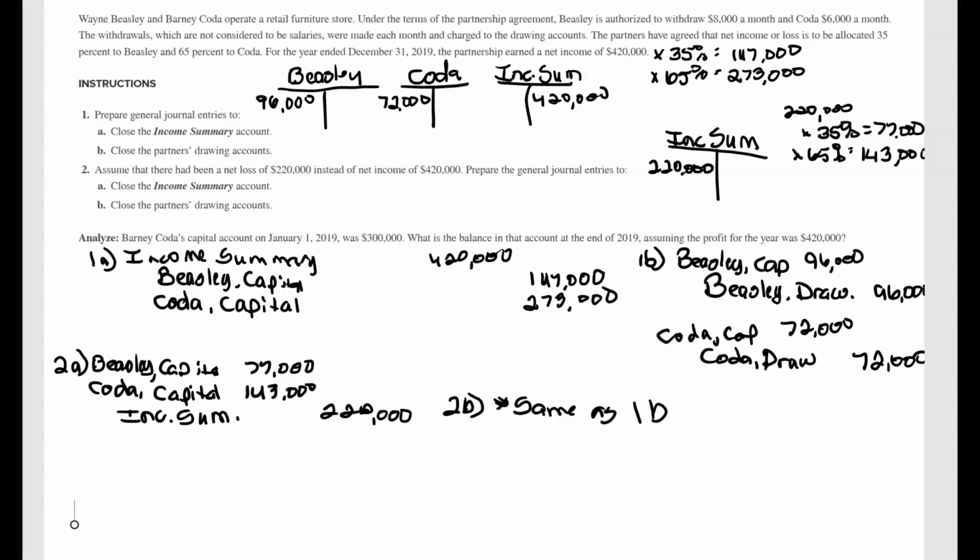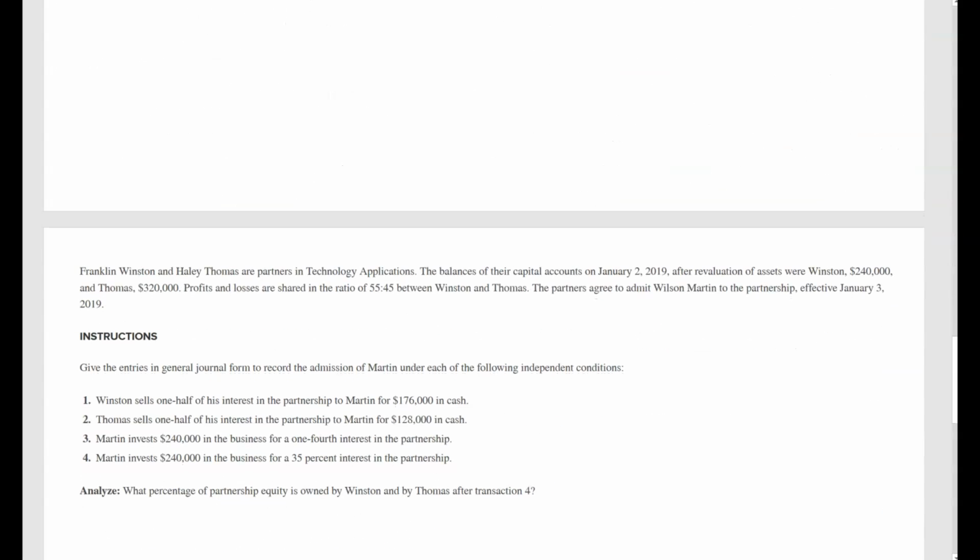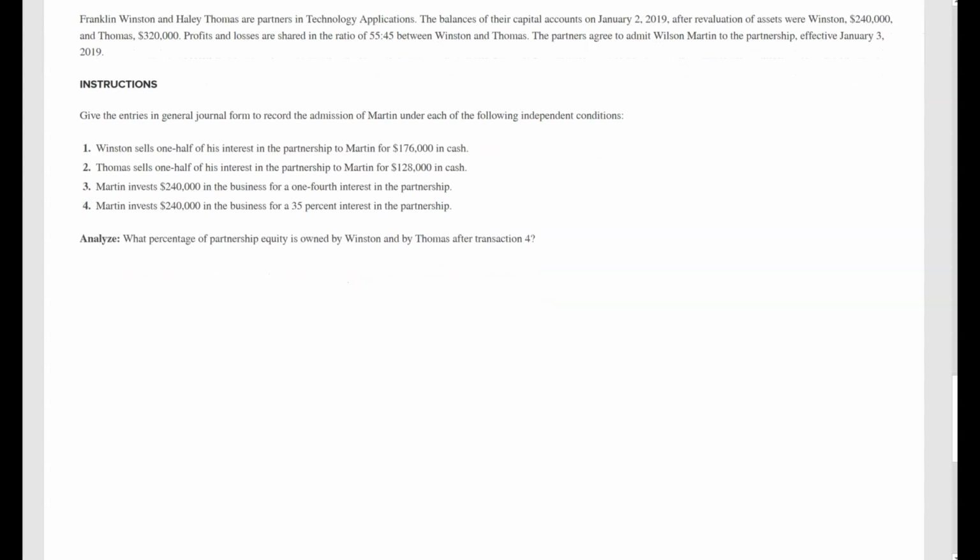Okay, the last one that we're going to do is to look at a partnership already formed, and now they are adding another partner to it. So we have Franklin Winston and Haley Thomas. They're partners.